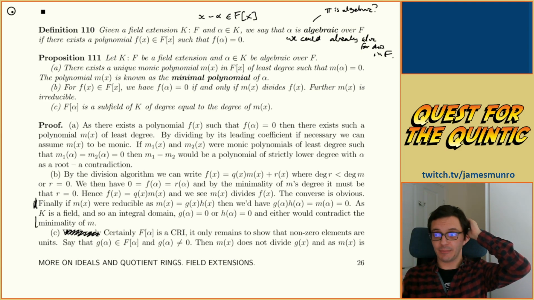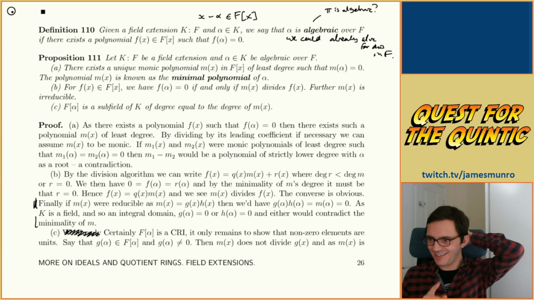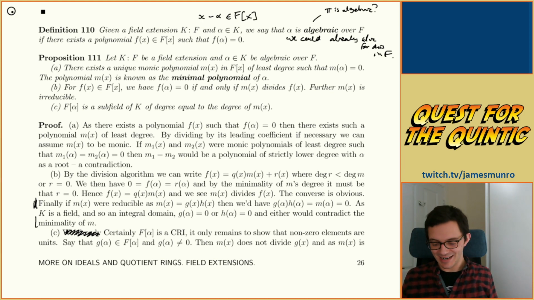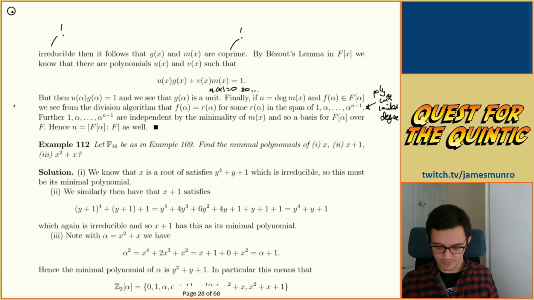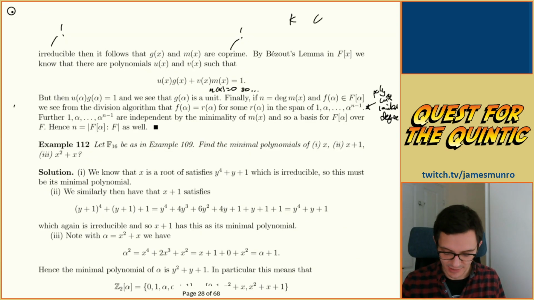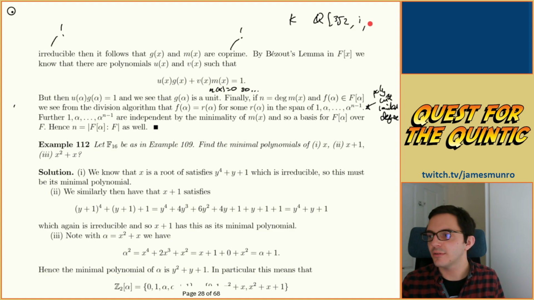But f of alpha is just like picking out one thing. Show me just one interesting element that you've got, like cube root of 2 in Q. K is massive. Maybe K is the rational numbers, but I threw in cube root of 2 and i as well, and also something else like pi.